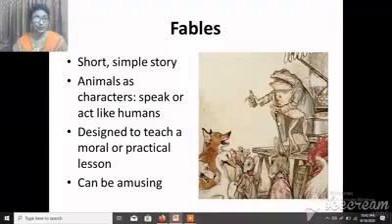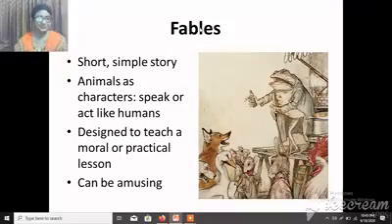human too. So, if we think what's fable, fable is a short, simple story where the animals are seen as characters, speak, or act like humans. That means the animals can speak or act like humans in the fables. And it is also designed to teach a moral or practical lesson.